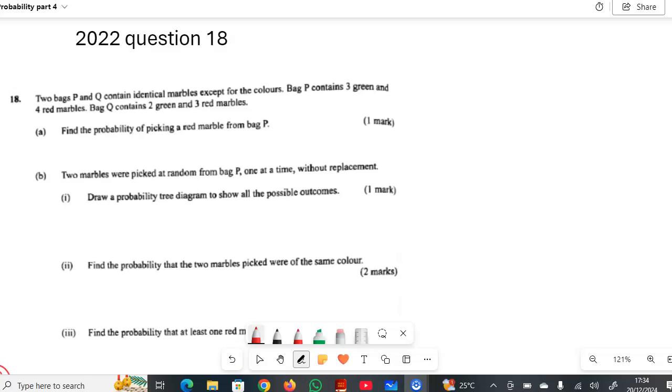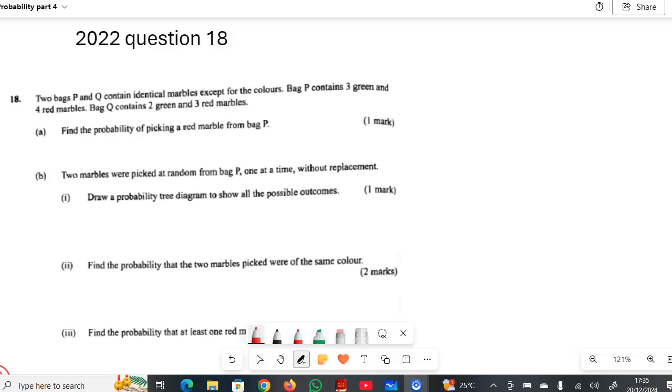Draw a tree diagram, probability diagram, to show all the possible outcomes. Part 2 of B, find the probability of the 2 marbles picked were of the same color. Then part 3 of B, find the probability that at least one red marble was picked. Now, let's first answer part 1, A and B, before proceeding to part C.